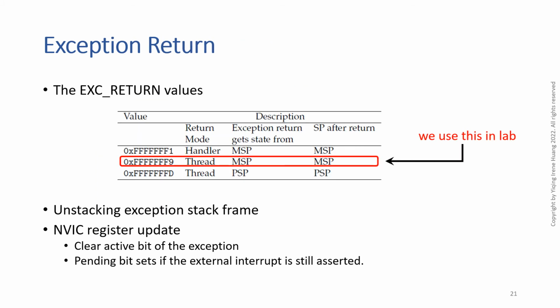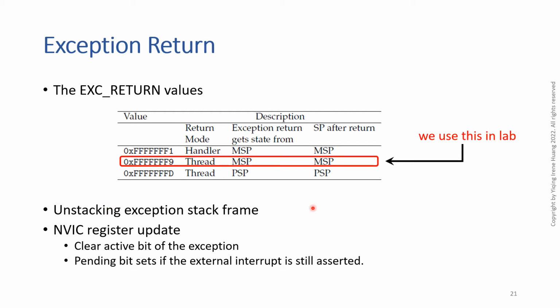To return from the exception, this particular processor uses the mechanism of loading the program counter with a special value called the EXC_RETURN value. One of these is a valid one, and the one we're particularly interested in is this one. We want to return to thread mode using MSP.